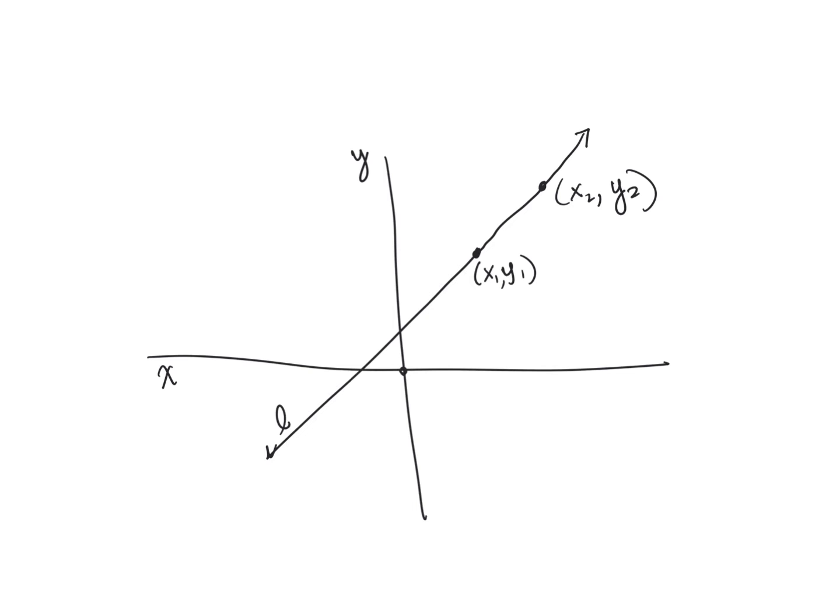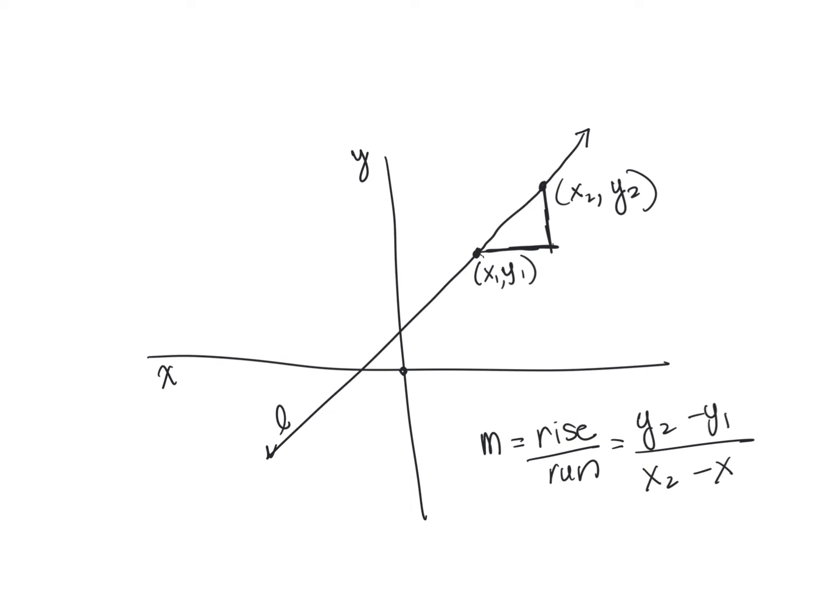The way that you find the slope is by calculating the rise over the run, how far up or down it goes divided by how far over it goes, which would be y2 minus y1 over x2 minus x1. And that would be your slope.